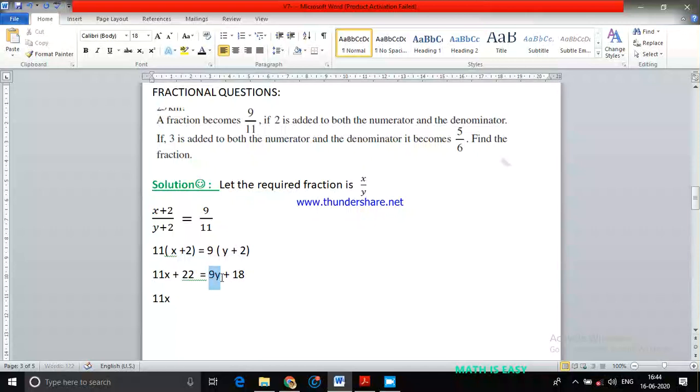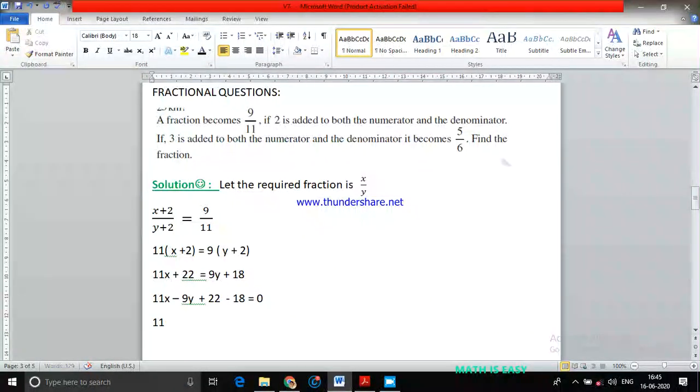Now this plus 9y is transferring to the left hand side, so it is going to be minus 9y plus 22 minus 18 will be equal to 0. So here plus 9y plus 18 which is transferring to the left hand side, that's why it is becoming minus 9y, and here it is becoming minus 18.